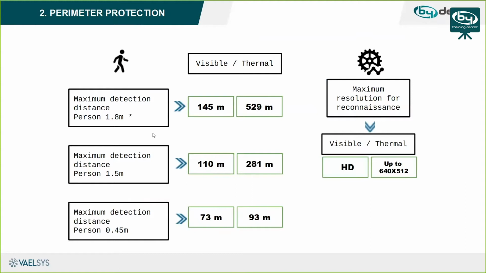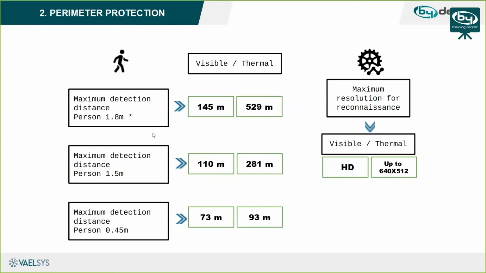In case this person is a meter and a half tall, you can see we got 110 meters and 281 with the thermal. And in case of someone that's crawling or crouching with 0.45 meters, you can see the detection is for visible 73 and for thermal 93 meters.